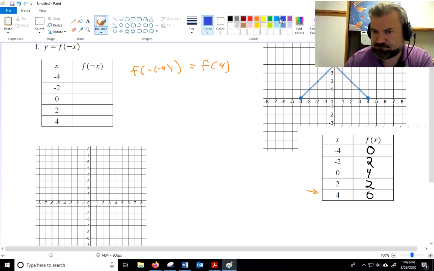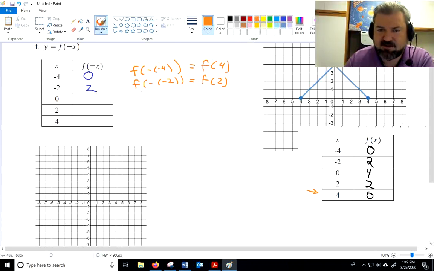That is 0. Then we got to do f of -2. Well, that's just f of 2, which is also 2. Now I got to do f of -0. Well, 0 is neither positive nor negative, so that's just a 4.